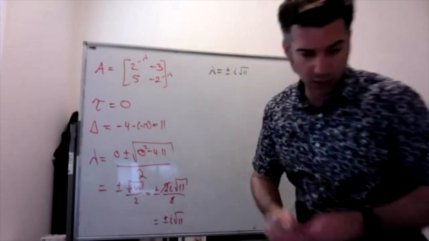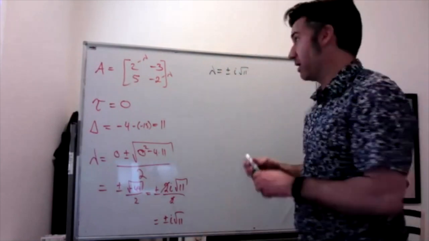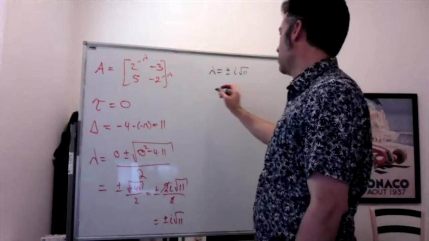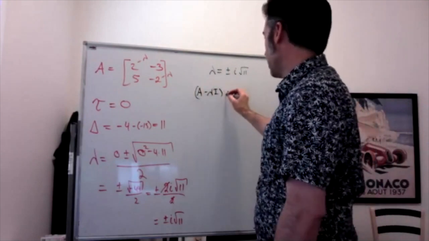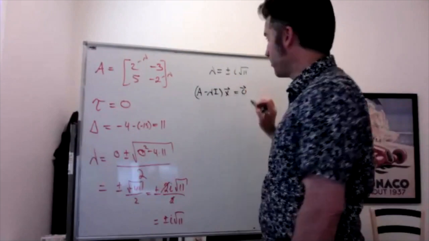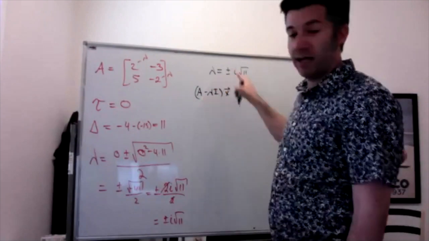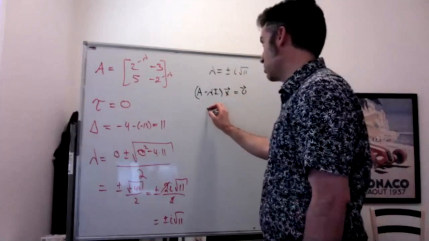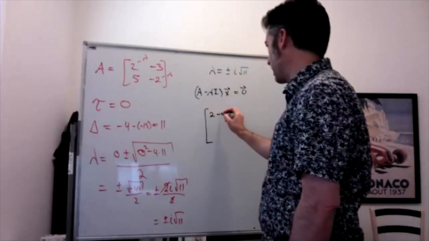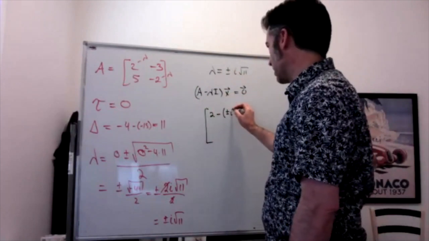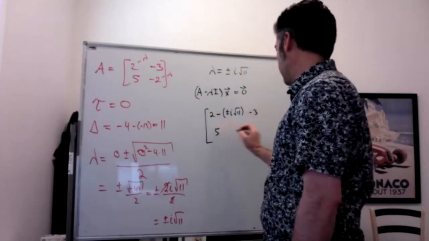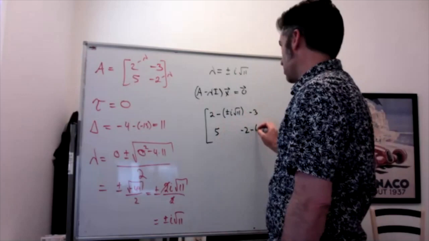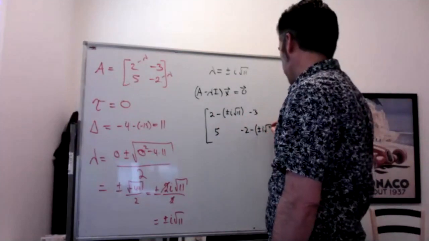So A minus lambda I times x equal to 0. I'm doing A minus my eigenvalue, so I'm going to do 2 minus plus or minus i root 11, -3, 5, and then negative 2 minus plus or minus i root 11.